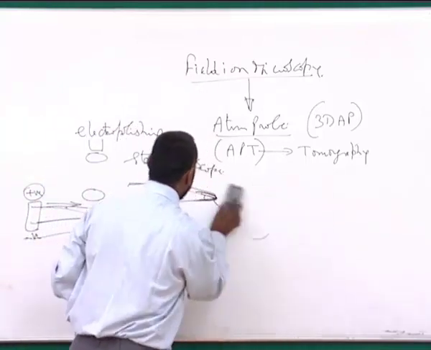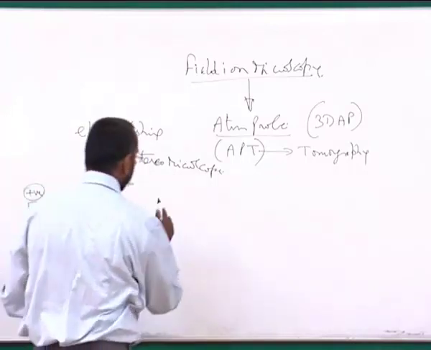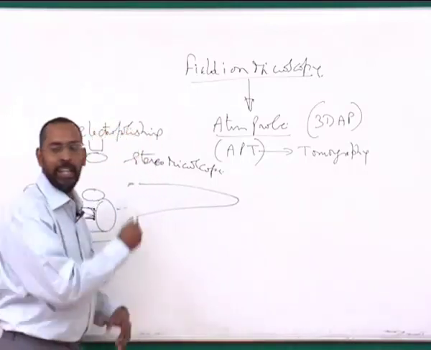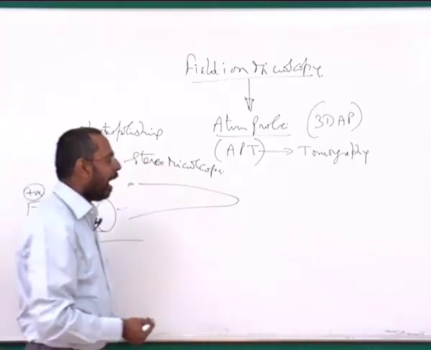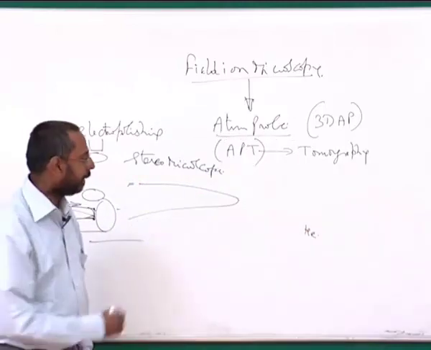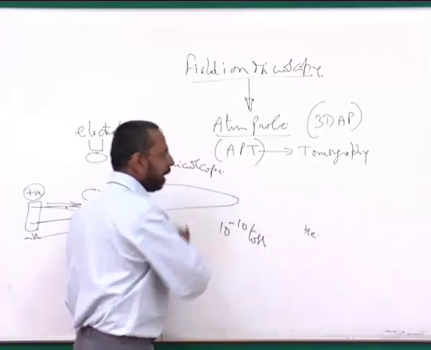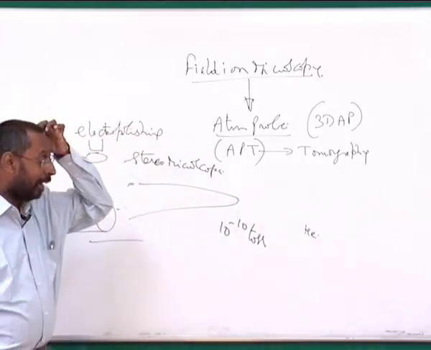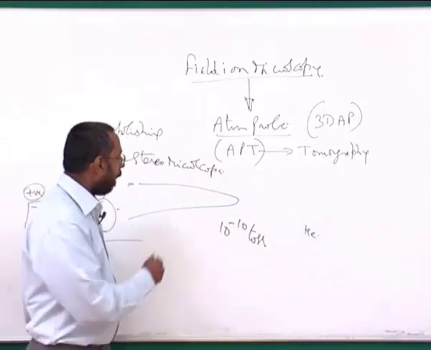Once you put it into a field ion microscope, you keep it in a chamber which is highly evacuated, and you fill this with a small amount of helium. It is evacuated to 10 to the power minus 10 torr, so that there are no gas molecules inside, and then you fill it with helium.